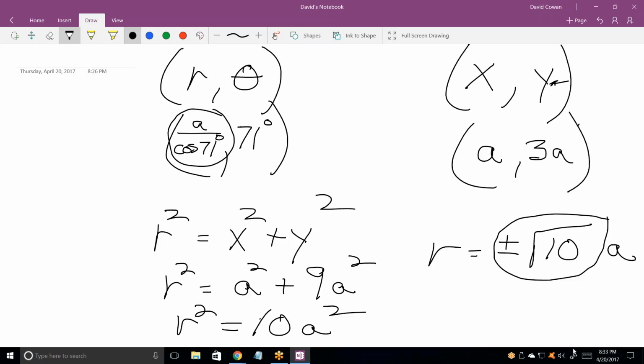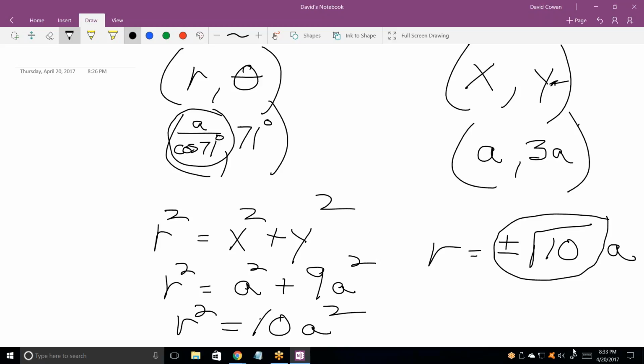And if you'd have solved for the cosine of 71 degrees, you should get something very close to that. Go ahead and solve for the cosine of 71 and divide a by that number. I'll bet you get something that's very close to square root of 10 times a.